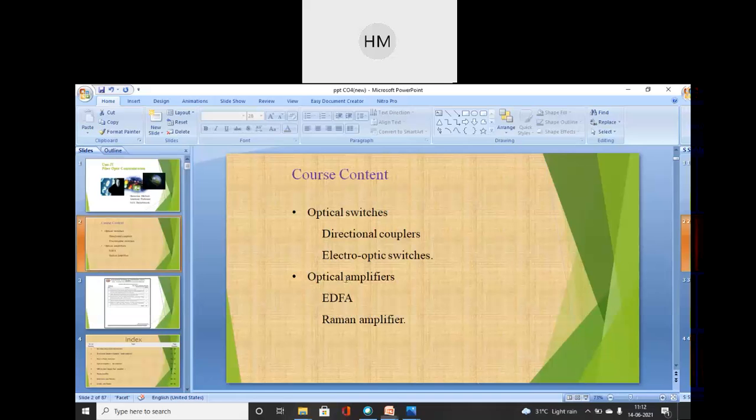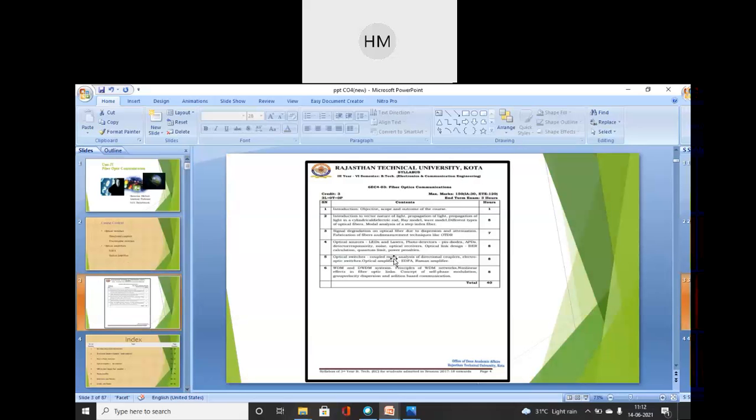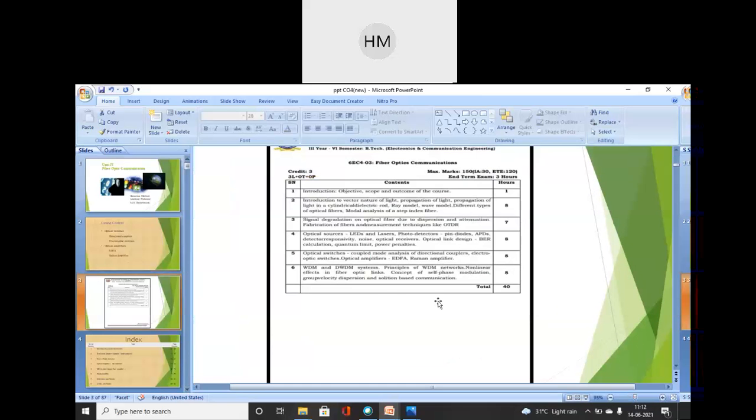Now I will show you the syllabus also. This is the syllabus. Here you can see serial number 5, that is Unit 4 or CO4: optical switches, coupled mode analysis of directional couplers, electro-optic switches, and then optical amplifiers. So these are the two major components of fiber optic communication.